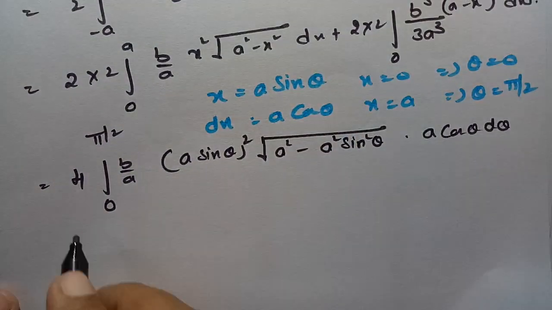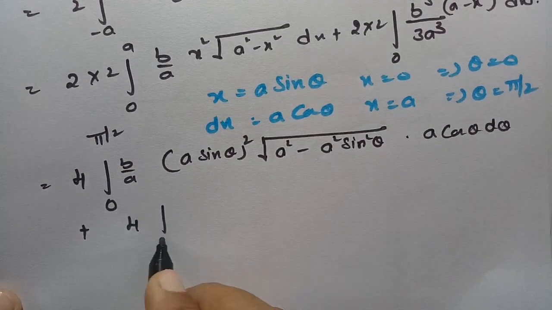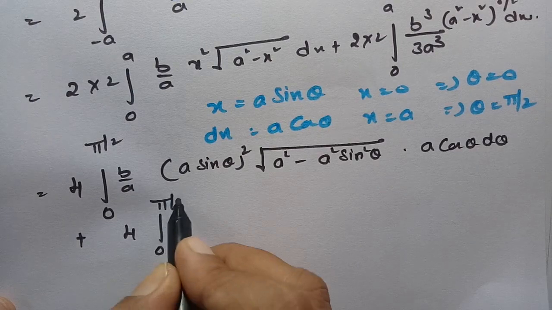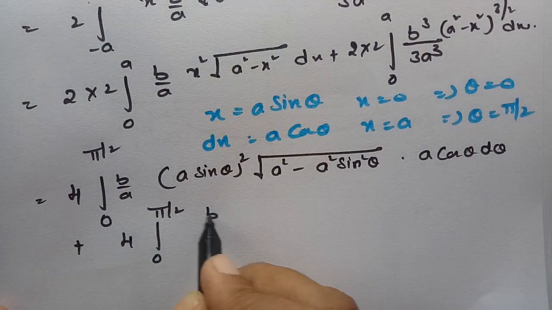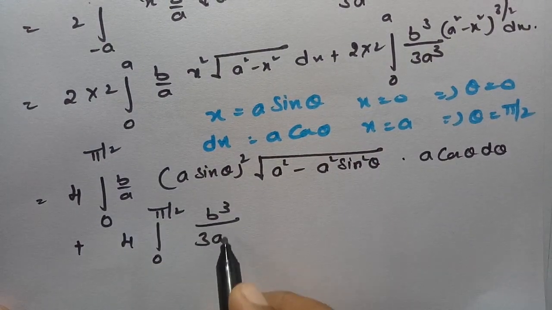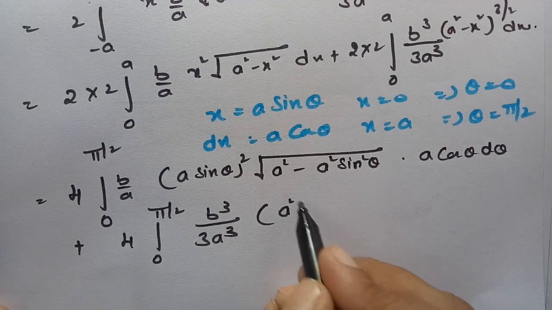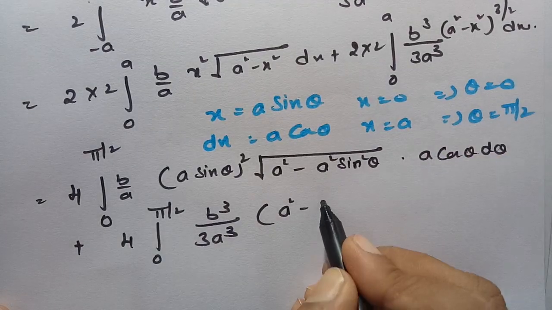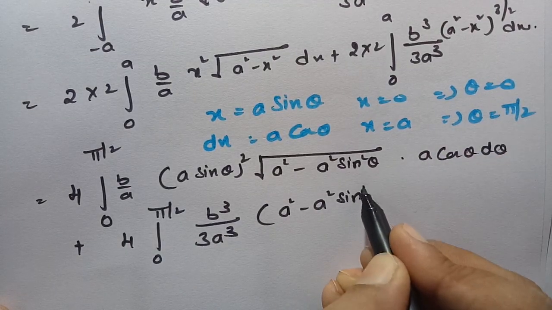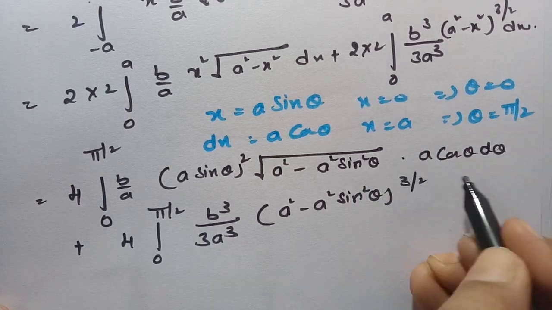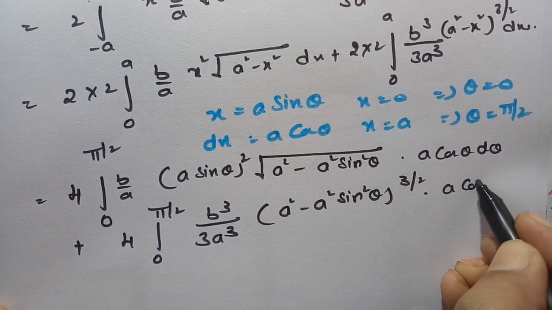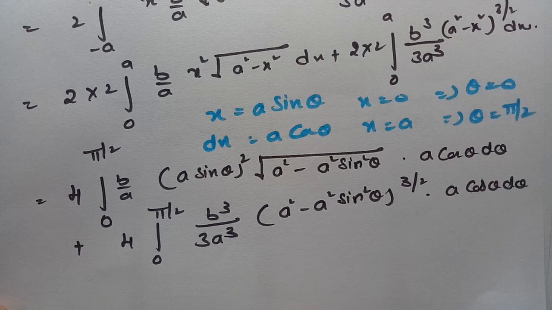And here if you observe, this will be plus 4 times the integral from 0 to pi by 2 of b cube by 3a cube. This is a square minus x square, which is nothing but a square sin square theta, whole power 3 by 2, and dx is nothing but a cos theta into d theta.